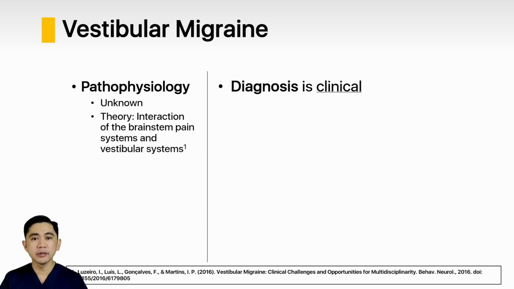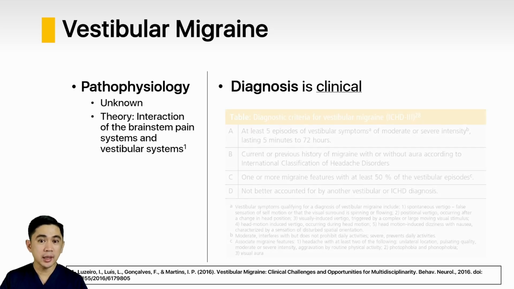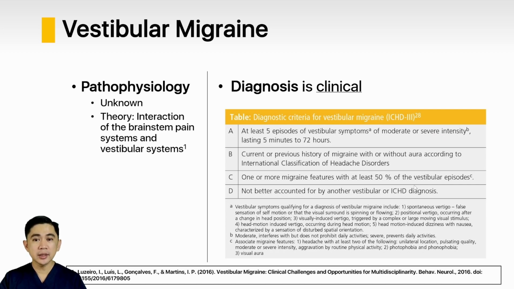So the diagnosis of vestibular migraine is also clinical, and it follows this criteria. First is at least 5 episodes of vestibular symptoms. A, at least 5 episodes of vestibular symptoms like vertigo or dizziness of moderate or severe intensity lasting 5 minutes to 72 hours.